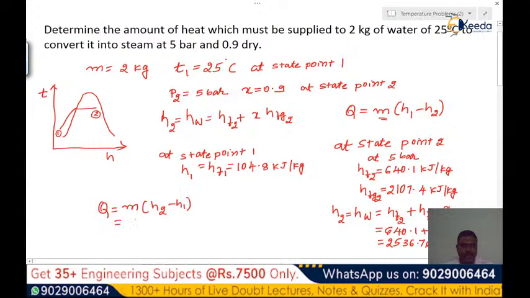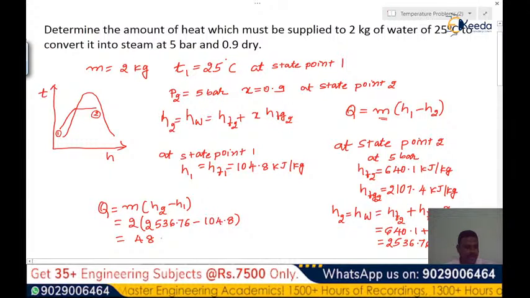Here the mass is 2 kg, so it is 2 into (2536.76 minus 104.8). This value becomes 4863.98 kilojoules.